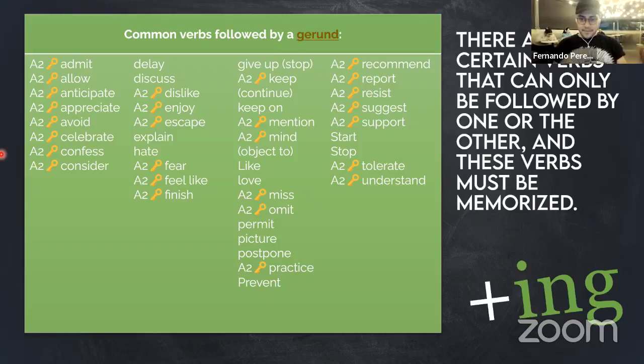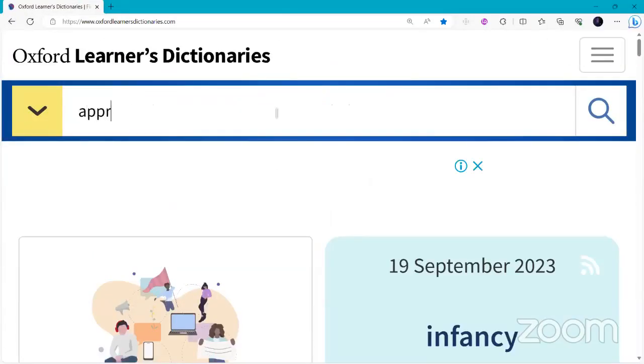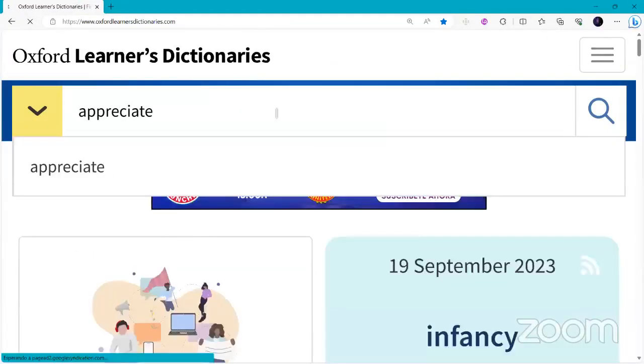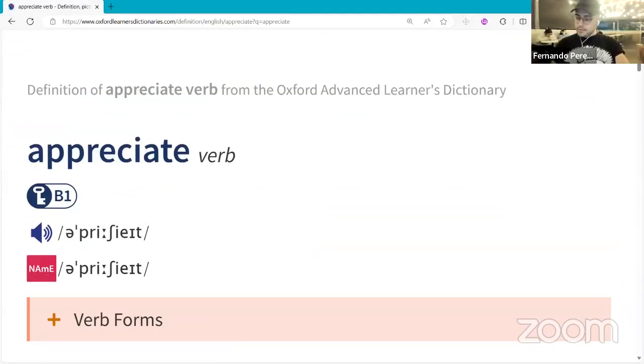Viridiana, appreciate. What do you appreciate so much? Again, teacher? Pronunciation? Oh, yeah, sure. Appreciate. Let's go to the dictionary now. I can write the symbols for you. Here we go.